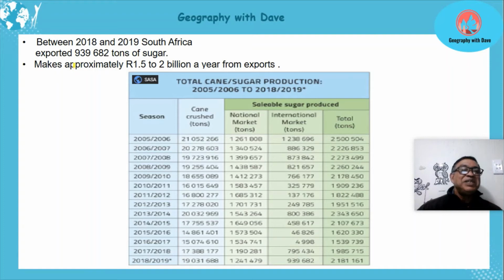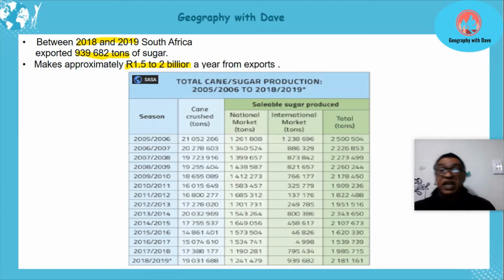Look at this. Between 2018 and 2019, we exported 939,682 tons of sugar. Whoa, read the figures properly. And that made approximately 1.5 to 2 billion rand a year. That's what we make a year from exports.